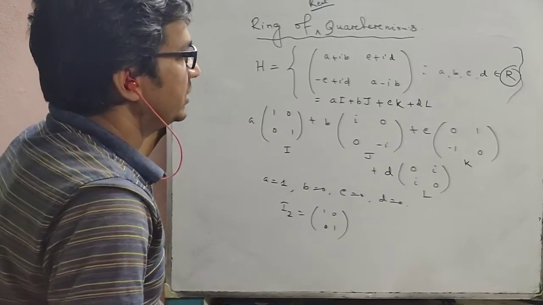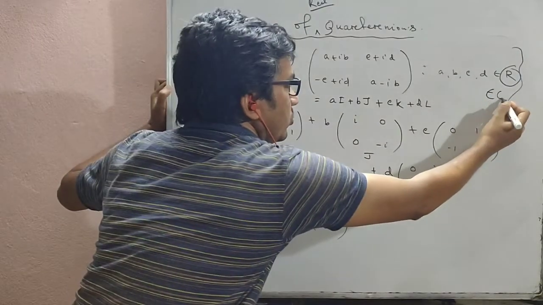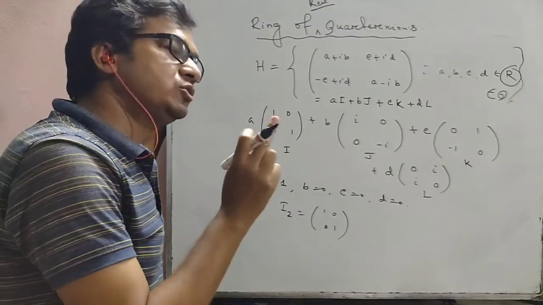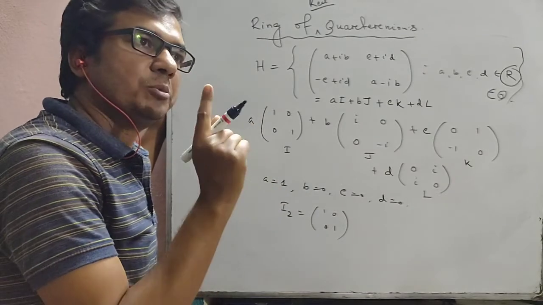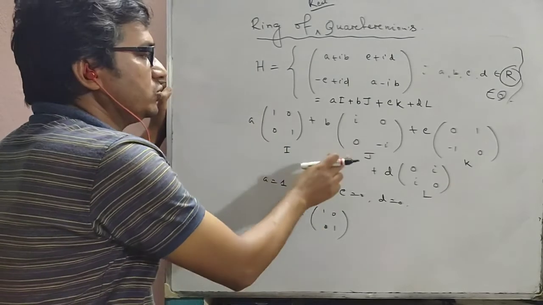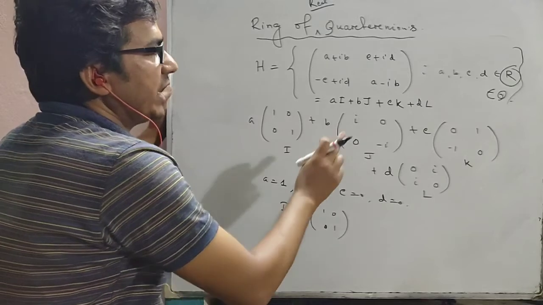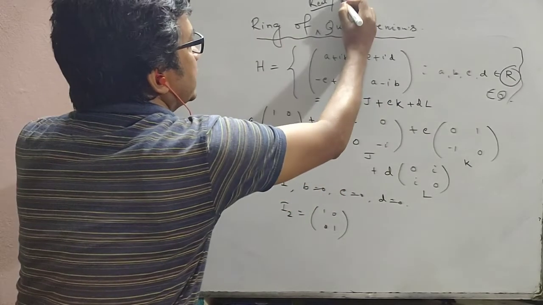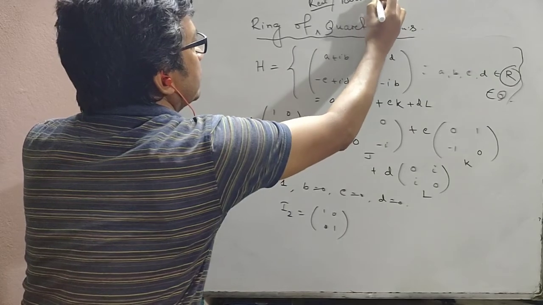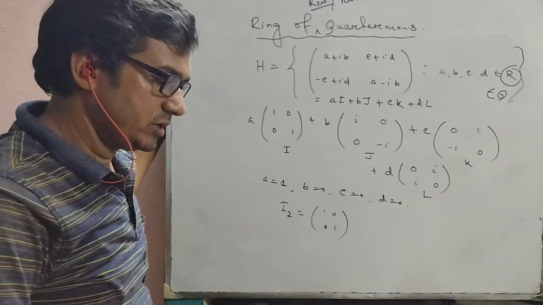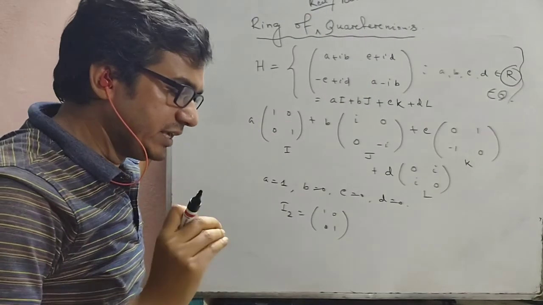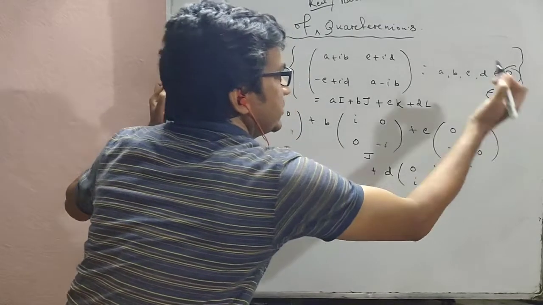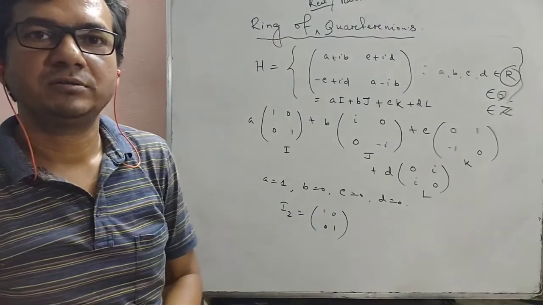If A, B, C, D belong to Q, this is also a ring, a non-commutative ring with unity I2, and this ring is called the ring of rational quaternions. And if A, B, C, D belong to Z, this is also a ring.